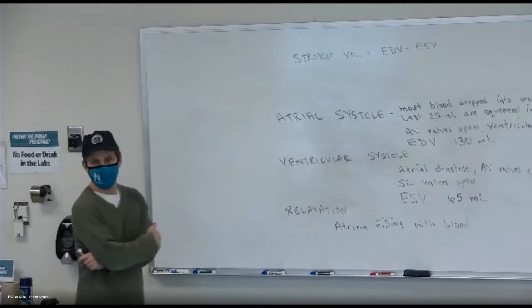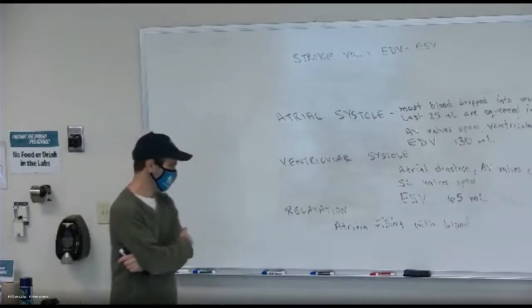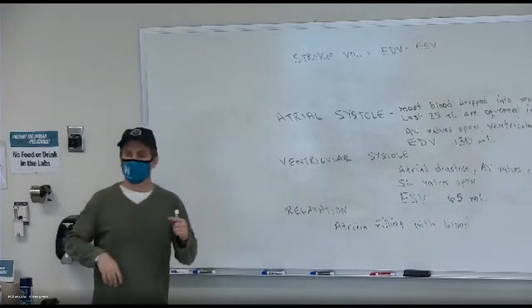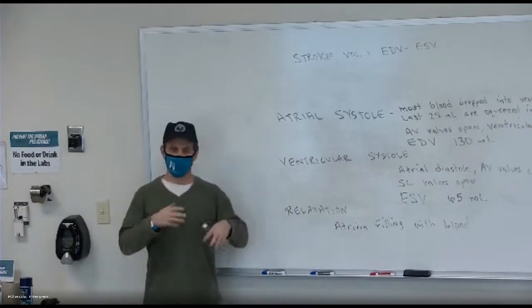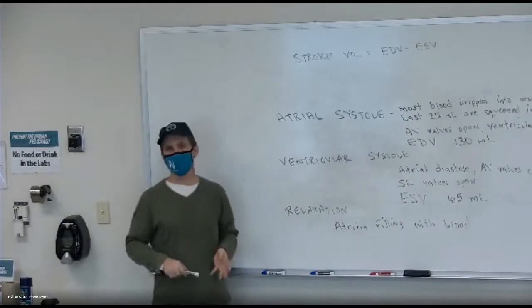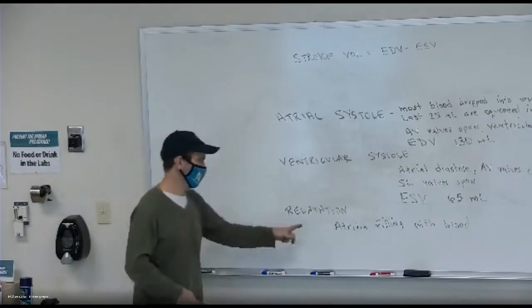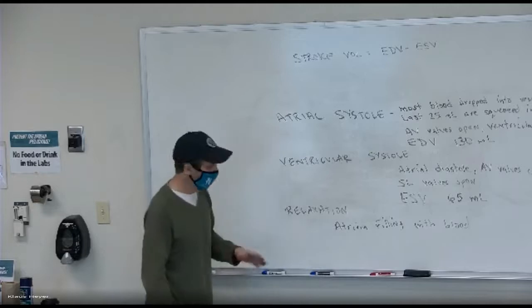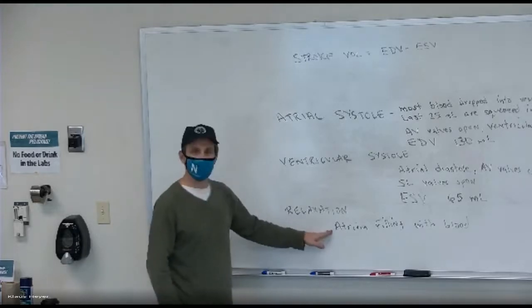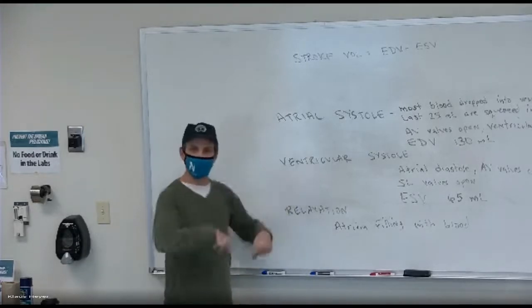So that seems simple, right? If you haven't done the lab work for the heart yet, this would be a good time to do it, to learn the blood flow through the heart. It'd be nice if you knew what blood was going into the atrium, right?